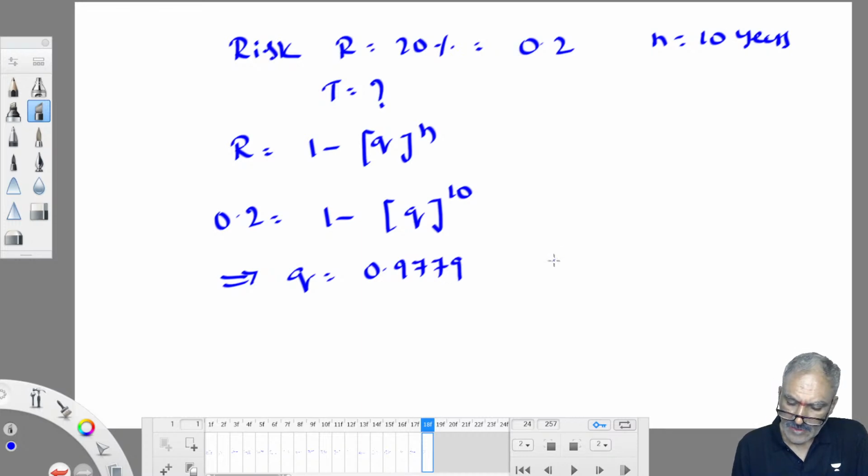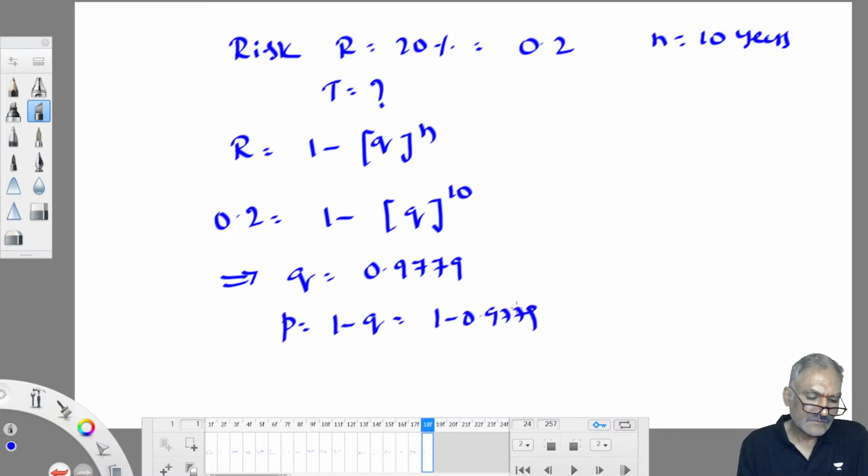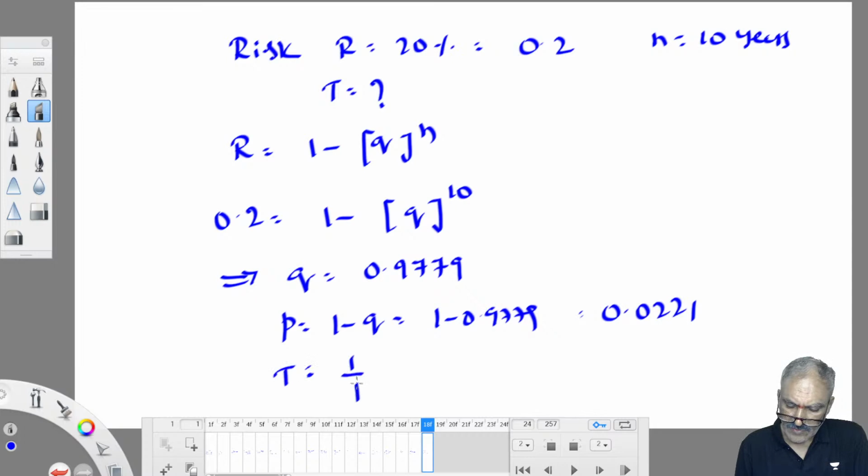Then P is equal to 1 minus Q, 1 minus 0.9779, so it is 0.0221. Therefore, T is equal to 1 by P, 1 by 0.0221. So it is 45.24.